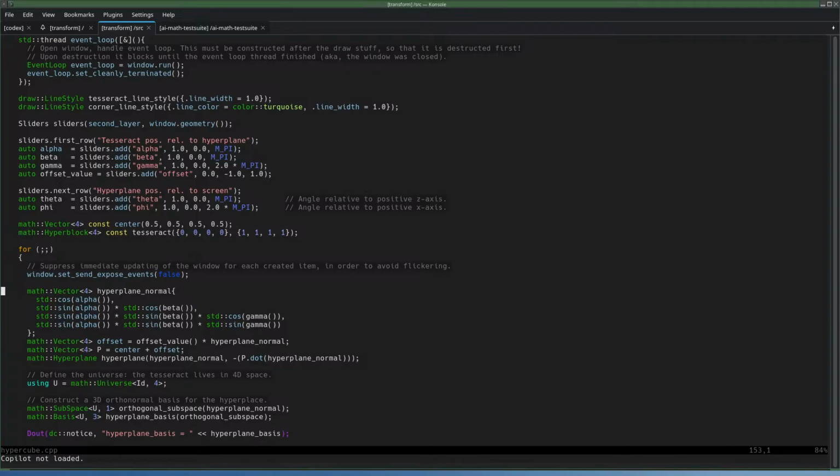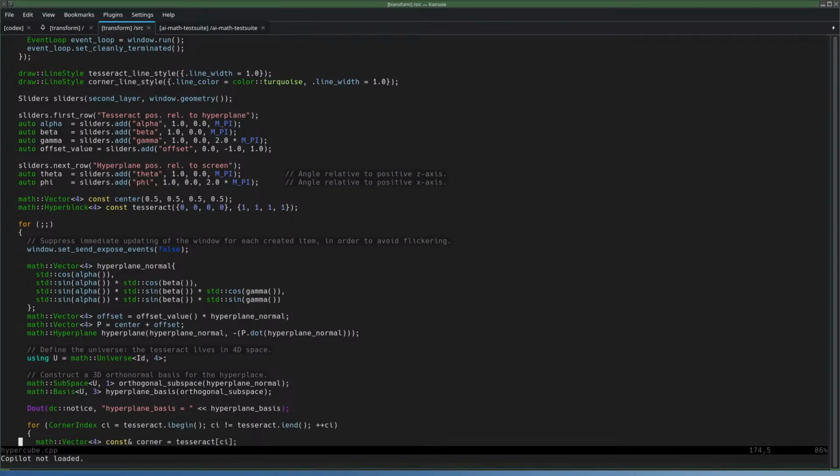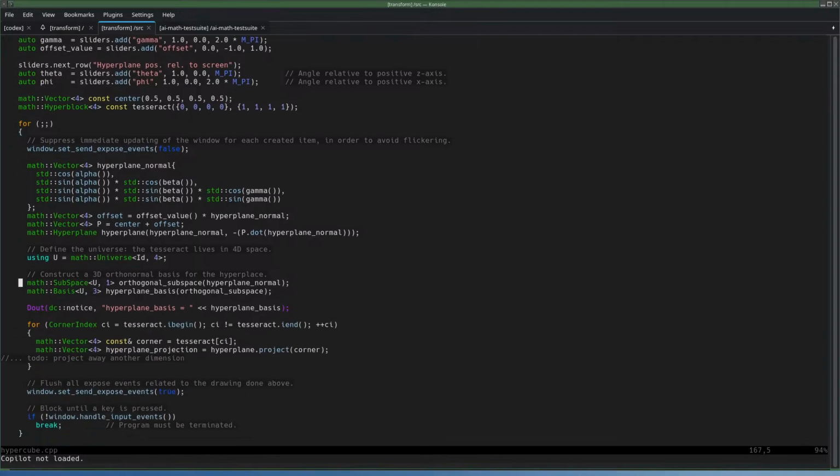And then here I actually create a hyperplane normal, like I said, and here I create the hyperplane itself. And I create a subspace, which is orthogonal to the hyperplane. It's just the hyperplane normal. And then we create a basis. And now the basis, that's the basis of the hyperplane. So it is 3-dimensional.